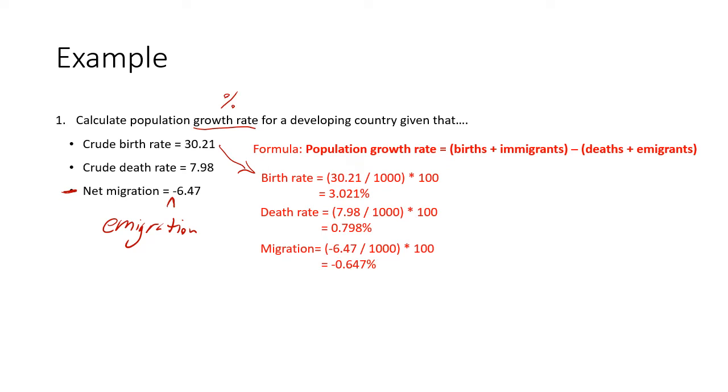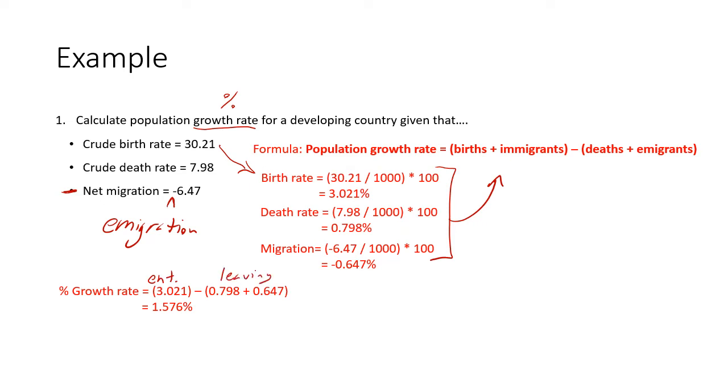Now we have to take these values and plug them into that equation. So the way that we do that, our percent growth rate is our births, so people entering the population, minus the people leaving the population. Notice what I did here. This is a plus, that's not a minus.